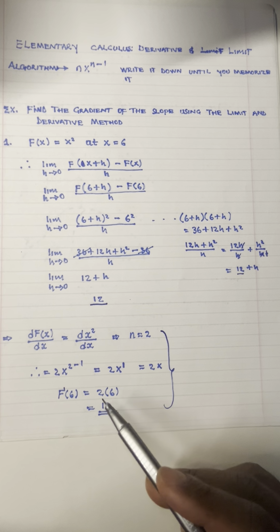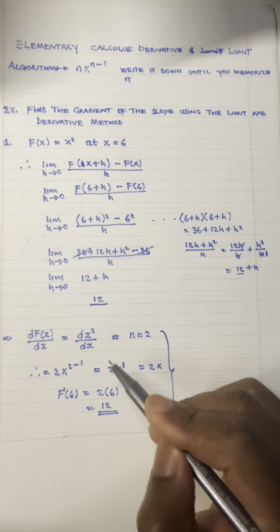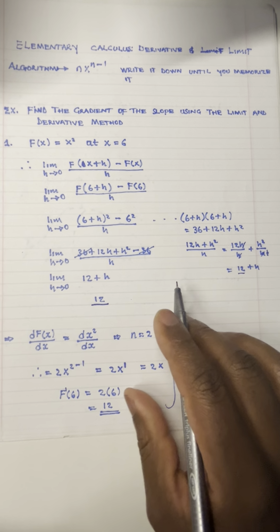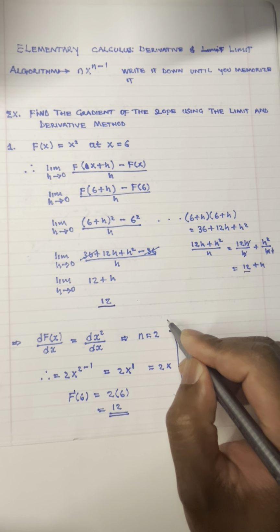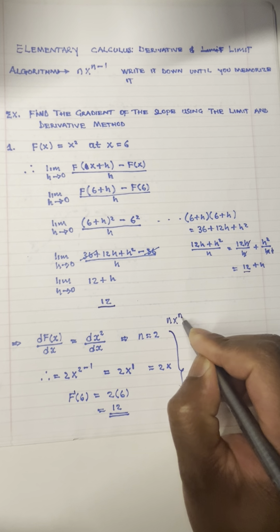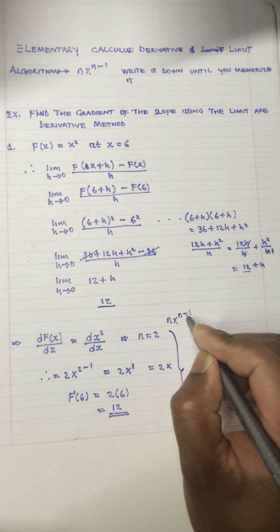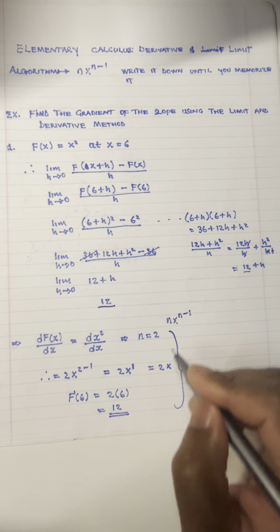But this one is easy to get into. In this one, get in the habit of writing the algorithm, which is n x to the power n minus 1, where n is the exponent.